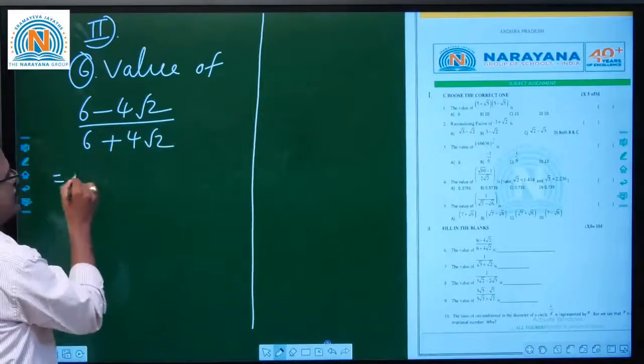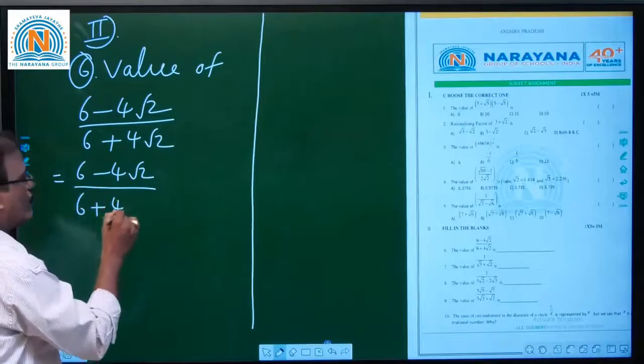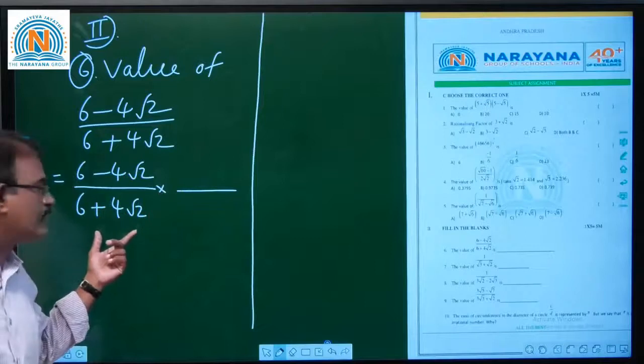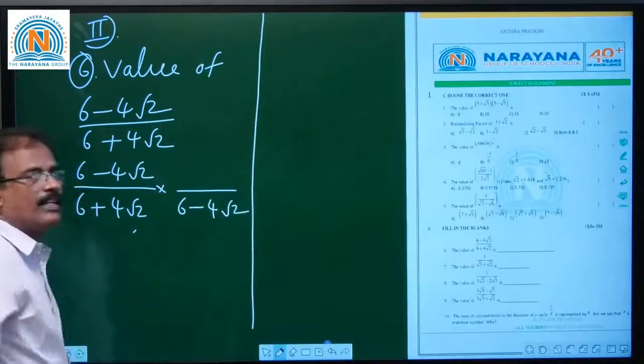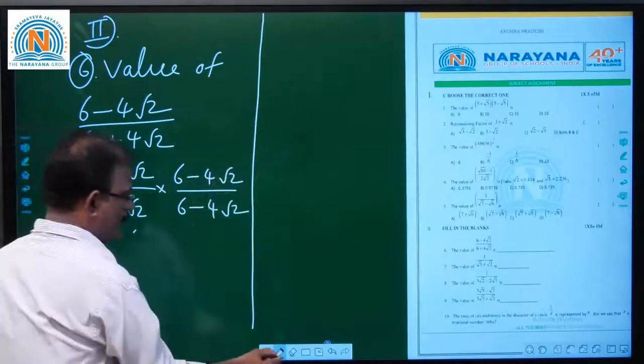Now, children, what is the rationalizing factor of 6 plus 4 root 2? We know that this is 6 minus 4 root 2. Let us take the same for the numerator without changing the initial value.